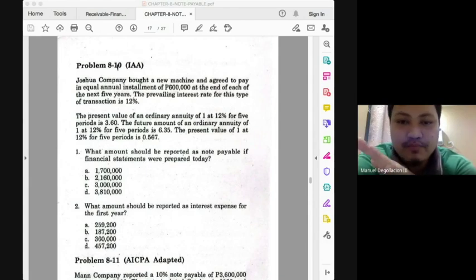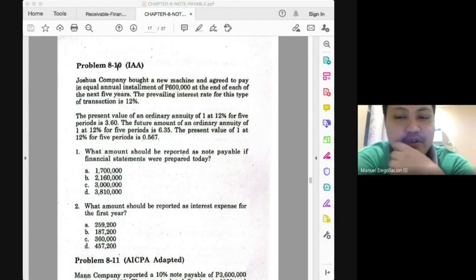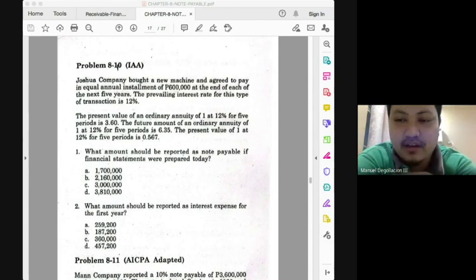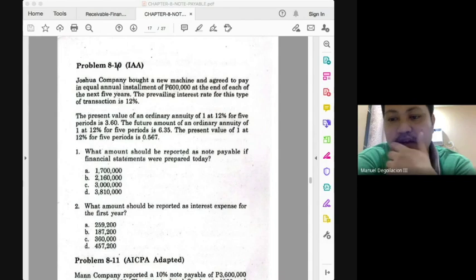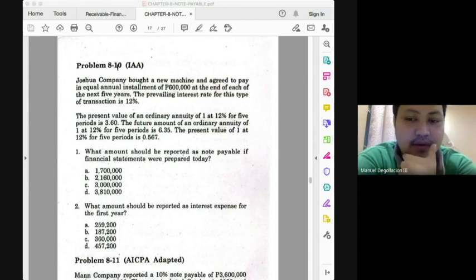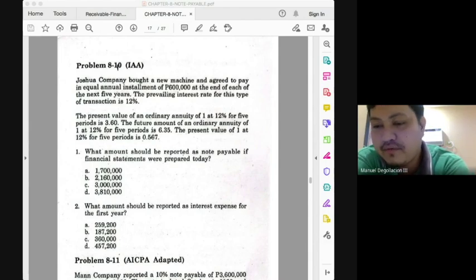So you can solve for the present value of the 600,000 that we will receive in 1 year, solve for the present value of the second 600,000, which we'll receive after 2 years, the third 600,000 after 3 years, the fourth after 4 years, and then the fifth after 5 years.